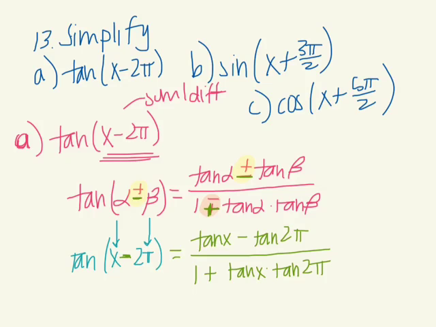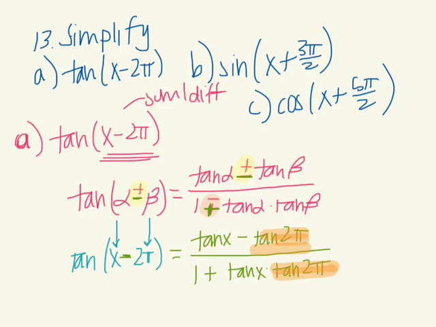All we've done is recognize that we have a sum and difference formula, and then we went ahead and used that sum and difference formula to plug in values for alpha and beta. So now we're really just going to work on the right side. We can't do anything with tan x because we don't know what it is, but tangent of 2 pi is equivalent to something.